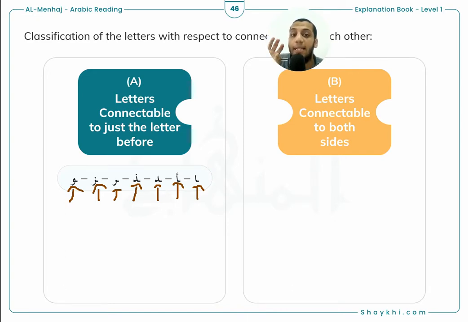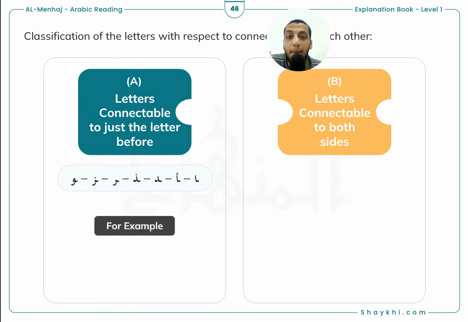So we have 7 letters that are connectable to just the letter before them, but not connected to the letter after them. As we see, there is a line before the letter, which means it is connectable to the letter before, but there is no line after it, so it is not connectable to the letter after it. Now let's take an example to clarify this point.